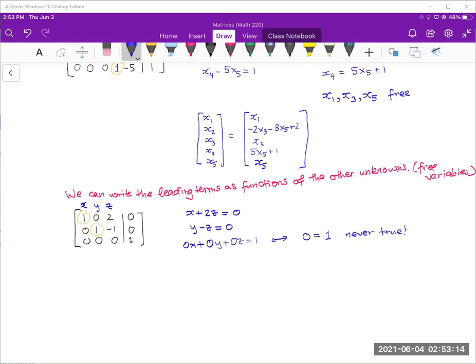In the case that we see zeros to the left of the augment and something non-zero on the right side, solutions would have to satisfy that 0 is equal to something non-zero. And so this corresponds to having no solutions, because it's impossible to choose x, y, and z to make 0 equal to 1.